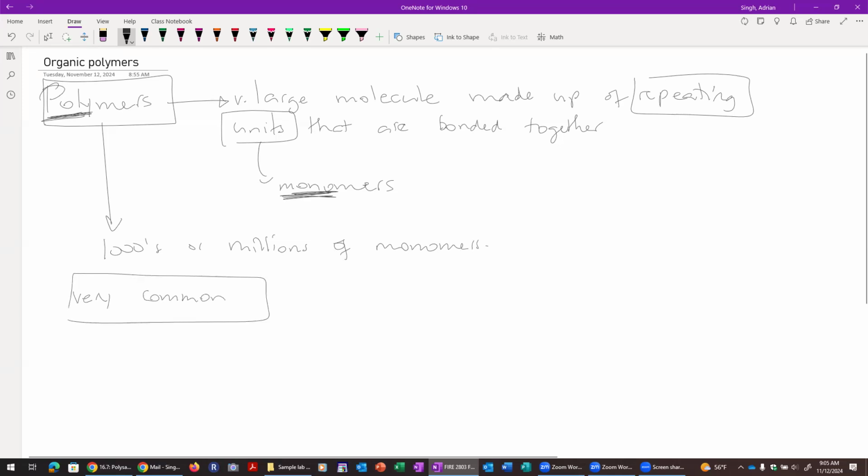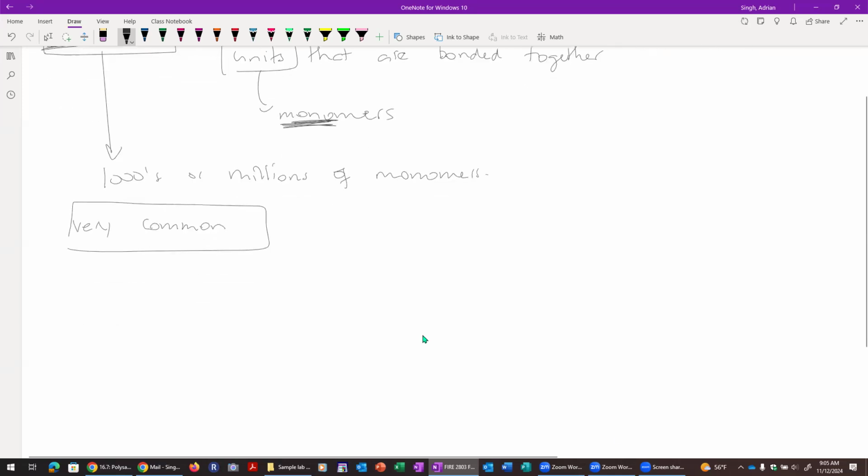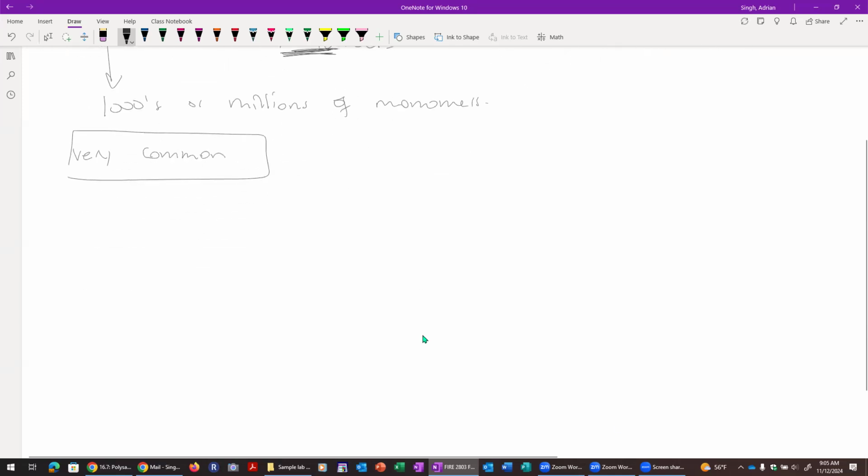So there are two general types that we'll take a look at. We'll take a look at natural ones. We'll take a look at synthetic ones. Natural versus synthetic. It may be obvious from the name, but a natural polymer would be one that is produced by animal or plant life, so natural to the surroundings.